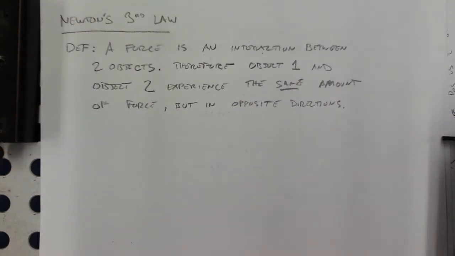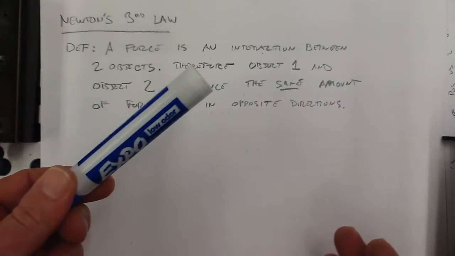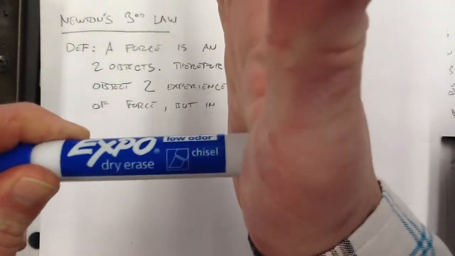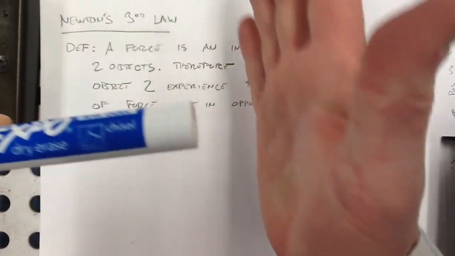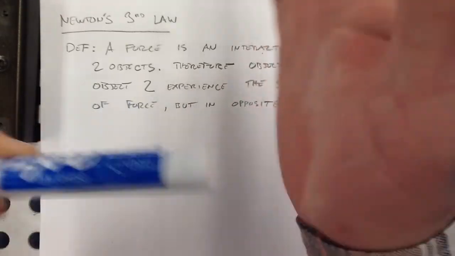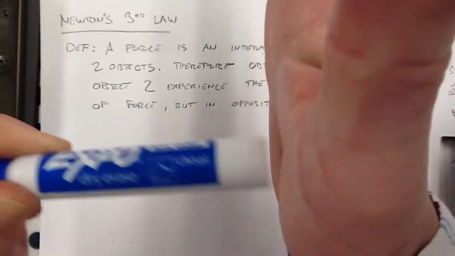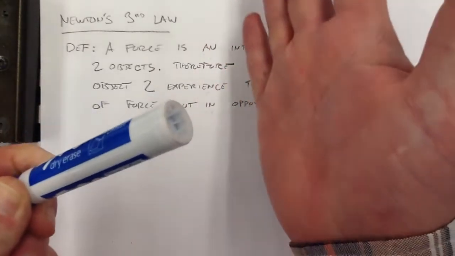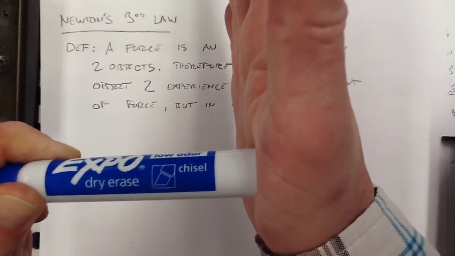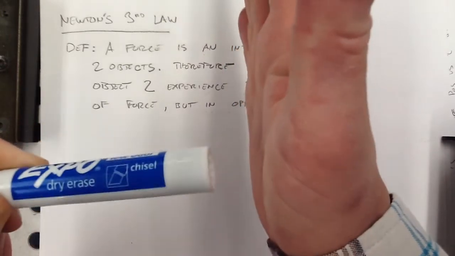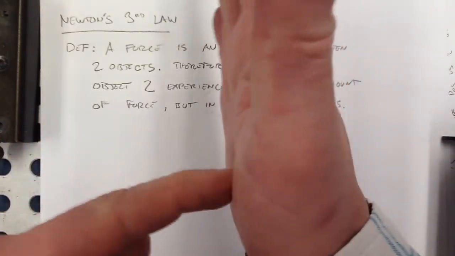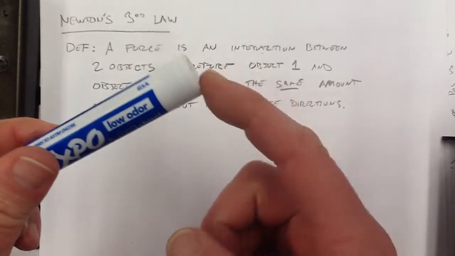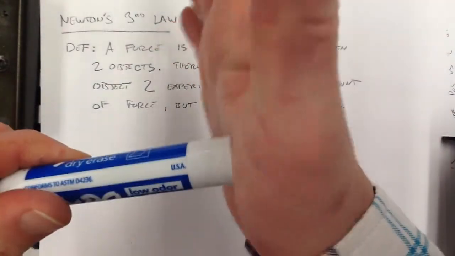So, in other words, if you have two things pressing against each other, like this dry erase marker and my hand, there's only one force here. The force is the interaction between the palm of my hand and the dry erase marker. There's only one interaction. So it's not possible that my hand could be experiencing a different amount of force than the dry erase marker is.